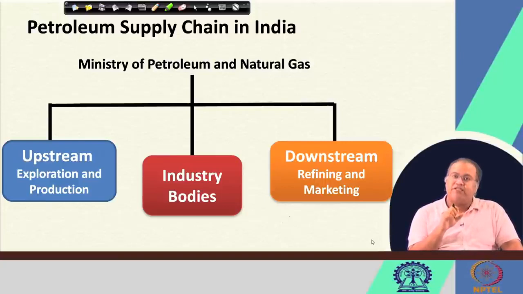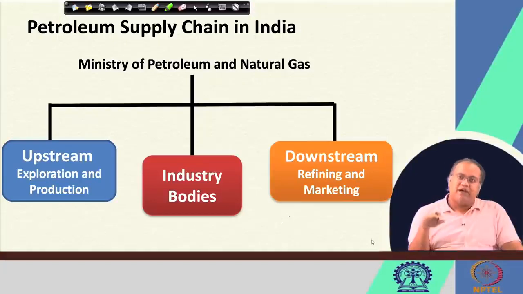Upstream means they are mostly in the exploration and production of crude oil. They explore the locations where you can get crude oil, and then supply that crude oil to the corresponding storage. Then there are the downstream players who refine the crude oil and take care of marketing the different products extracted from it.